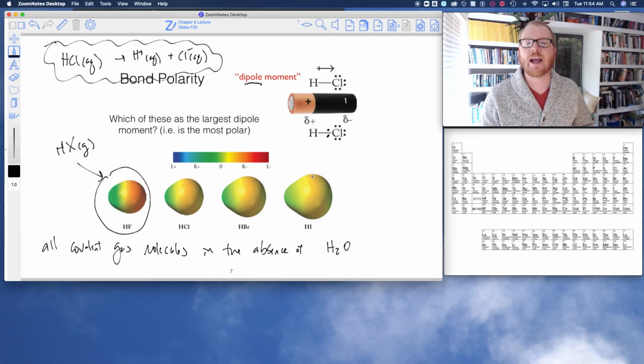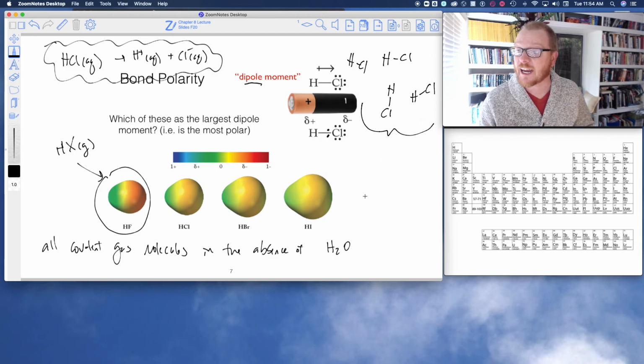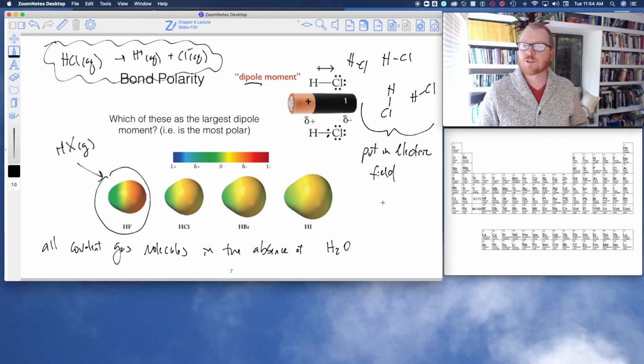And where this polarity matters is if we have a bunch of random, let's say HCl molecules. Suppose I've got a bunch of HCl molecules floating around as a gas. If I were to now put these molecules into an electric field, there are a number of ways I can do that. I don't want to get into those details too much.